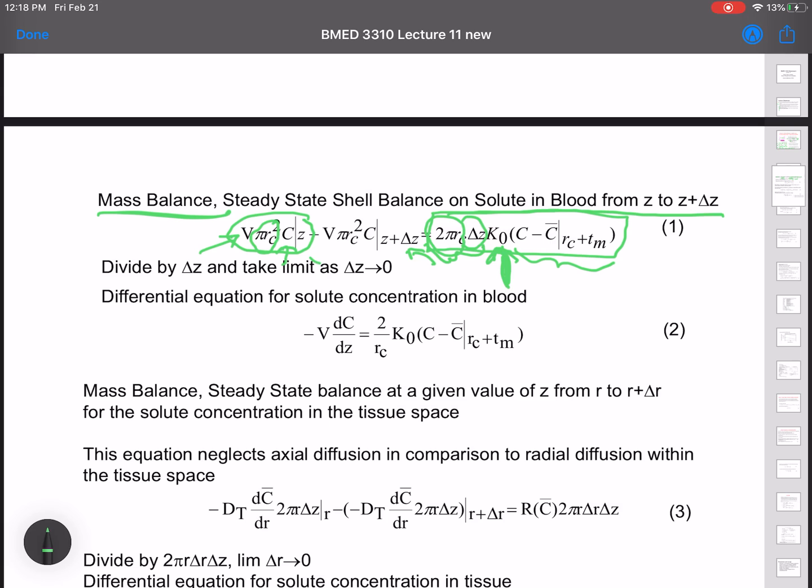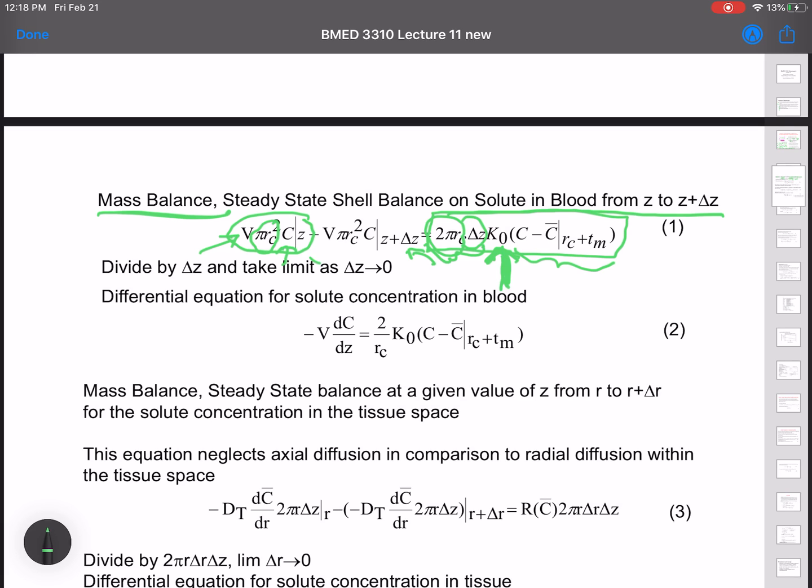So it's the cylindrical sheath surface area. Okay, so that K0 is an overall transfer coefficient. It accounts for the convection resistance and the permeability resistance.